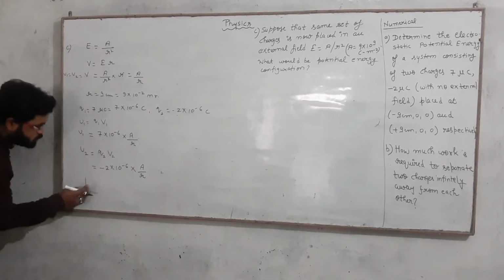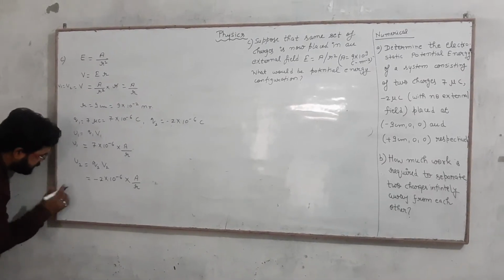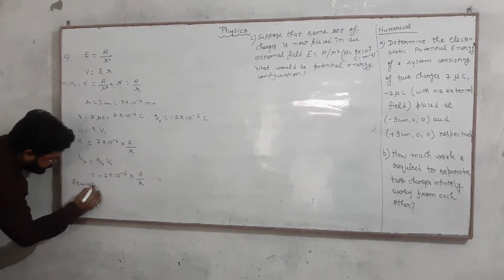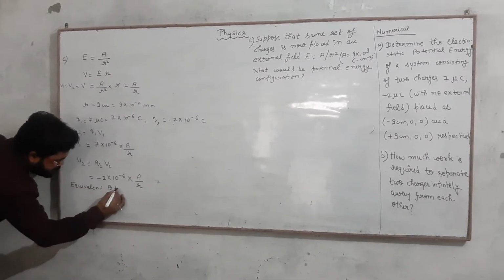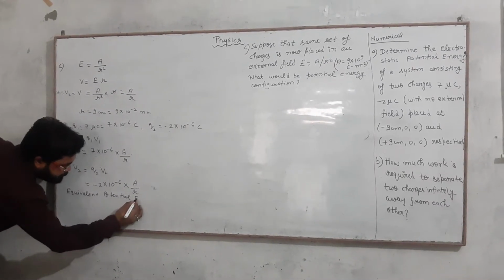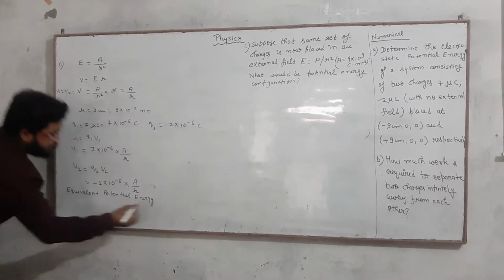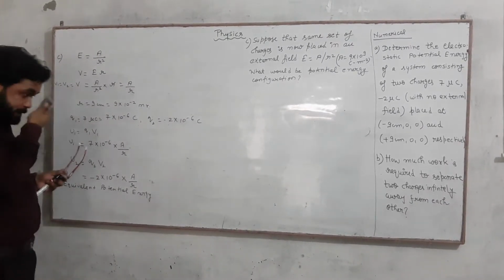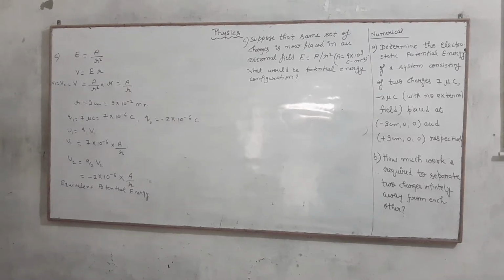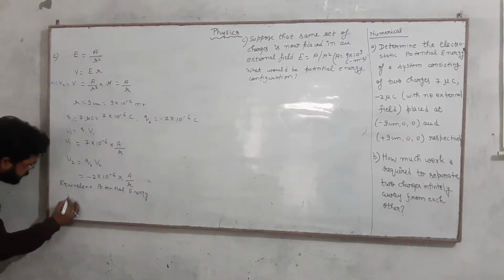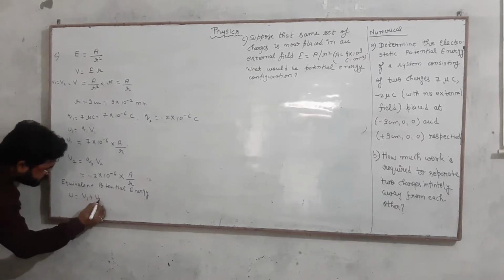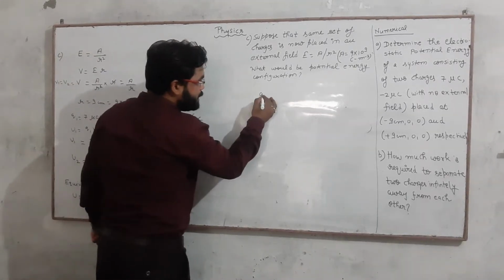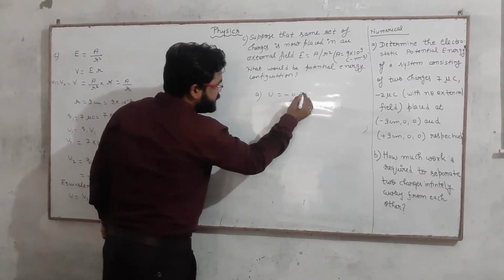Fine. Now, if we talk about the total equivalent potential energy, U is equal to U1 plus U2, or here we have found in part A that U is equal to minus 0.7 joule.